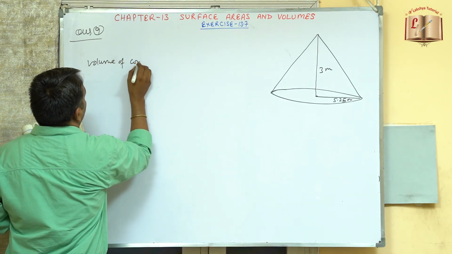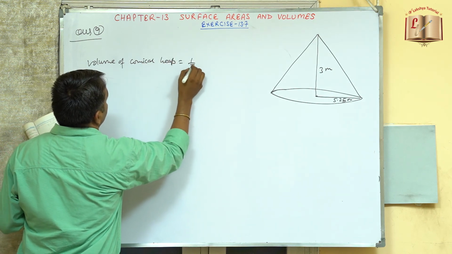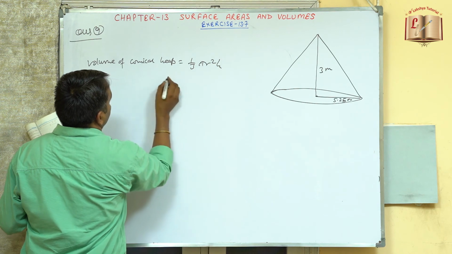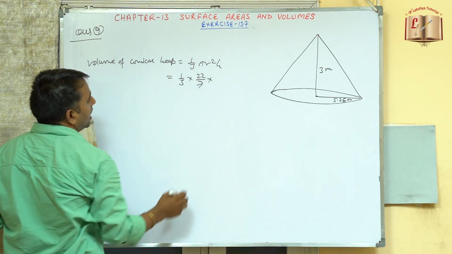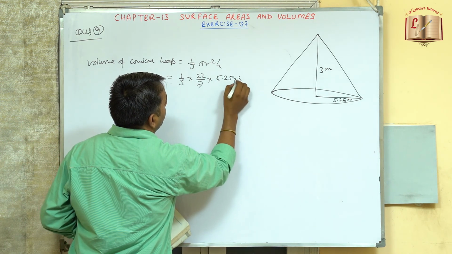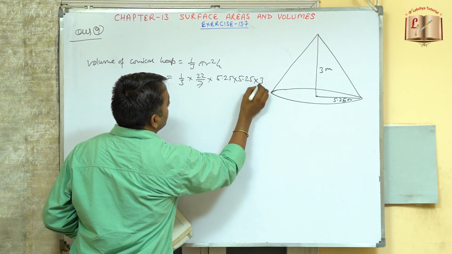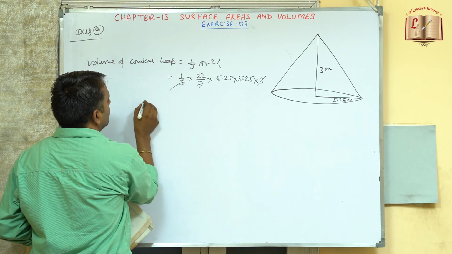So volume of conical heap will be equal to 1 upon 3 pi r square h. So this is 1 upon 3 into 22 by 7 into r square. R is already known, 5.25 into 5.25 into height is 3. 3 got cancelled, so this can be calculated now.